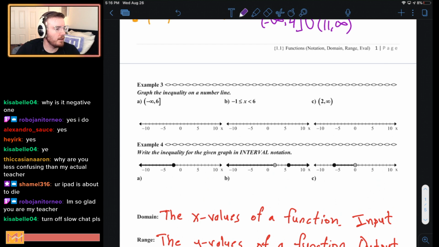Oh, how do I turn that off? Slow mode. Off. Is it off now? Yeah, it is. Okay. Thanks for pointing that out.